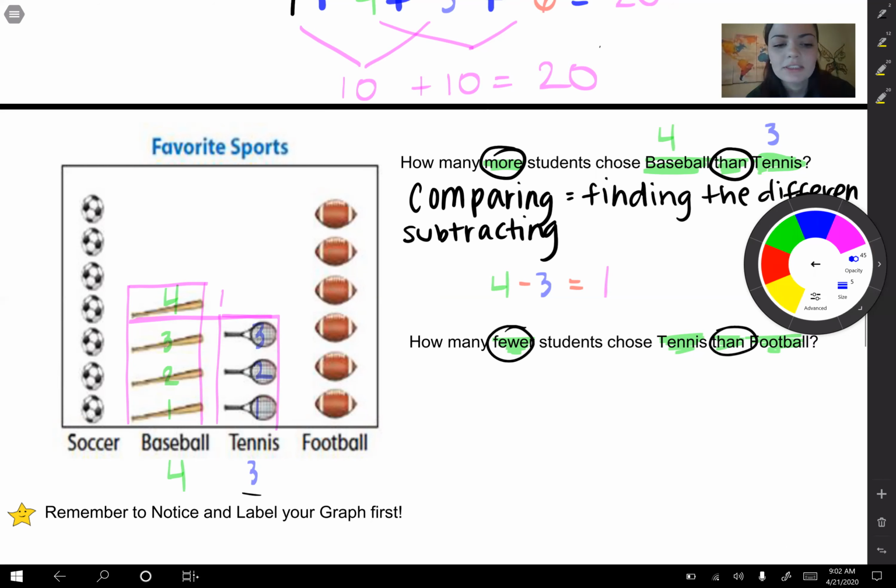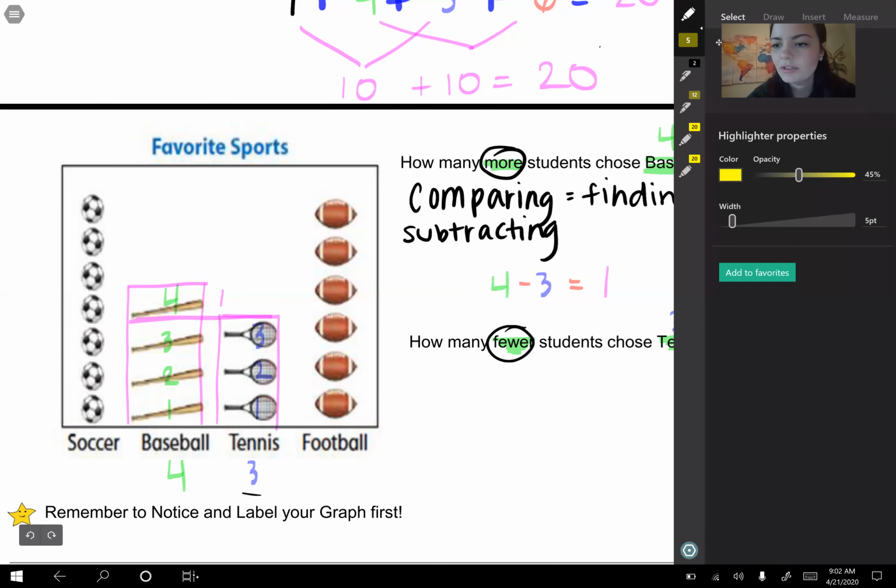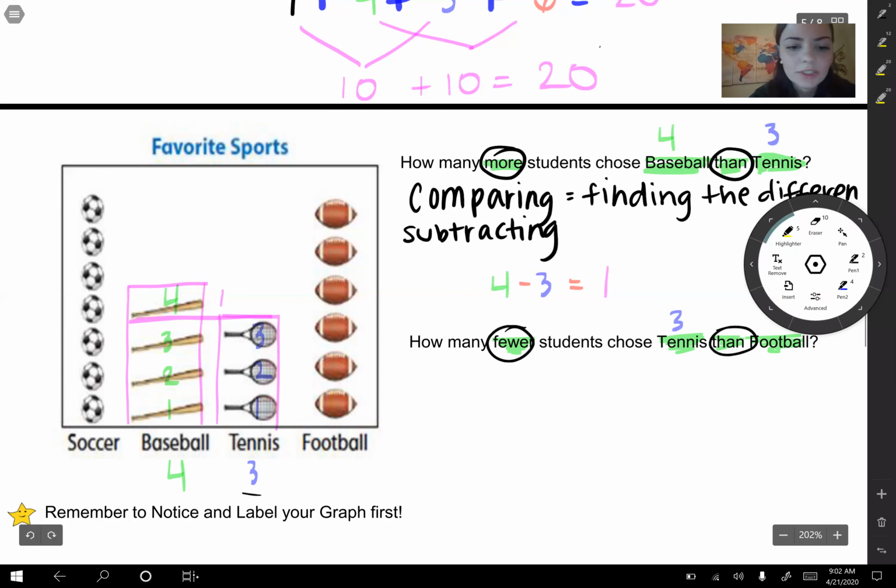So now tennis, I'm going to put 3 right here. And football, we haven't found it. So let's go ahead and do football. 1, 2, 3, 4, 5, 6. So we're gonna write a 6. And then we'll put a 6 right here.